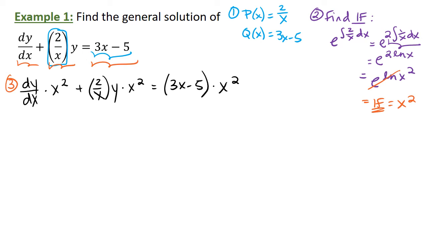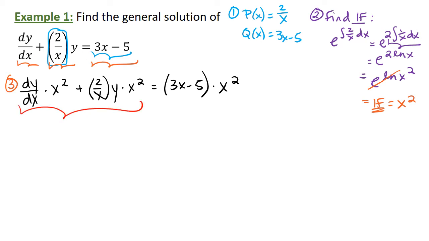And now we want to simplify. There are a couple things to pay attention to when you simplify. The first thing I want to focus on is this entire left-hand side of the equation.